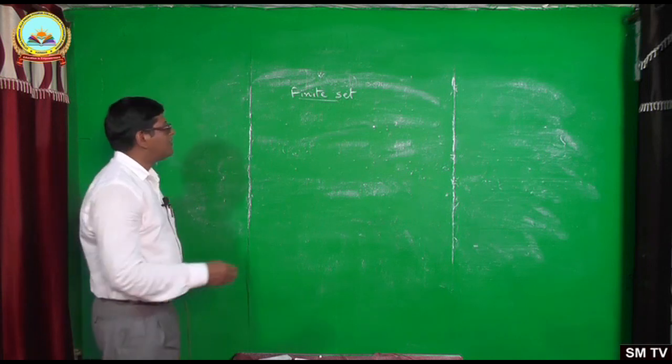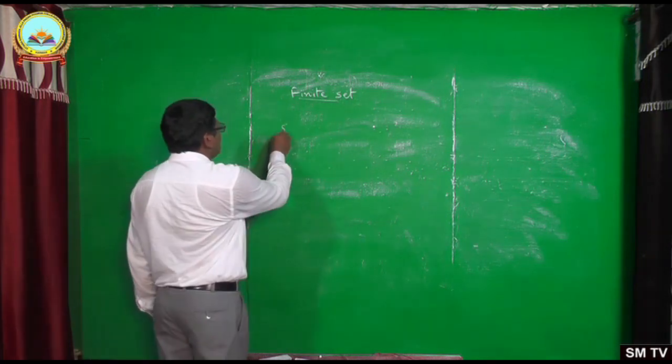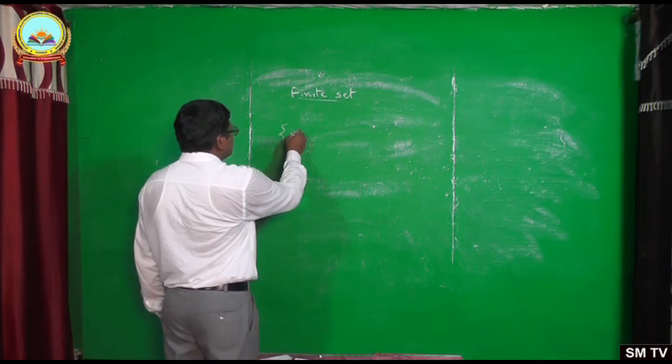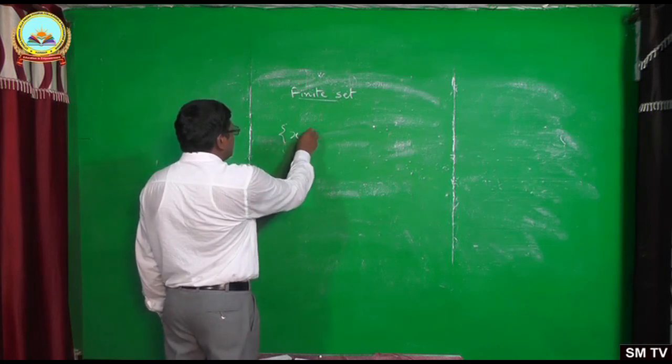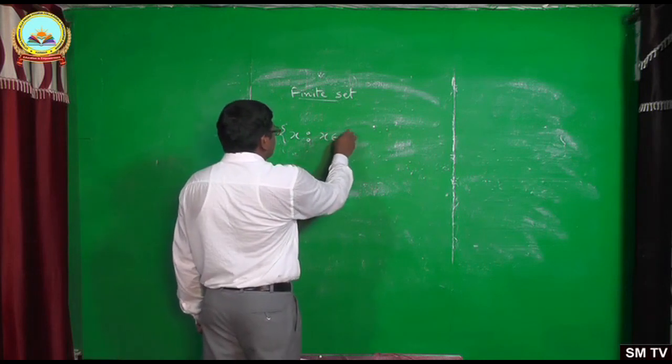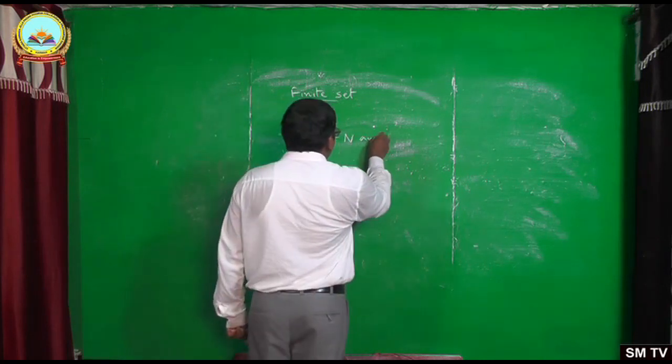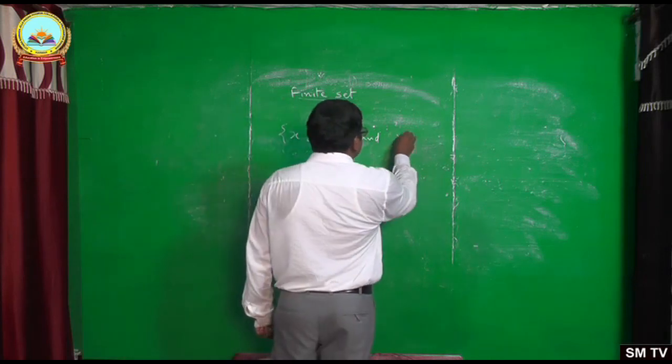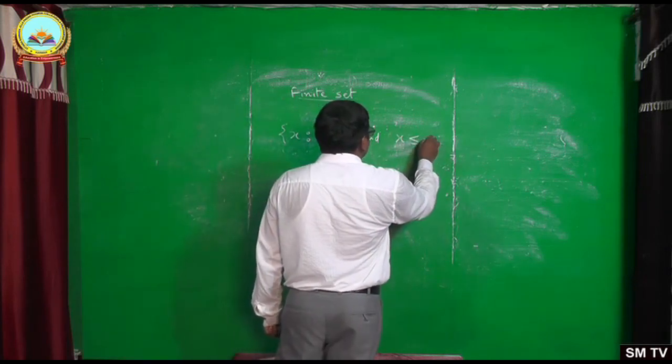For example, the set of all x such that x is a natural number and x is less than or equal to 8.